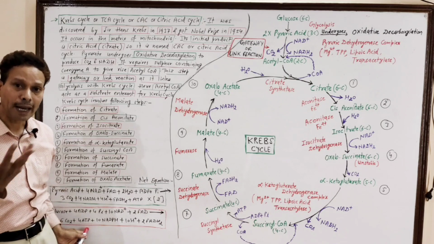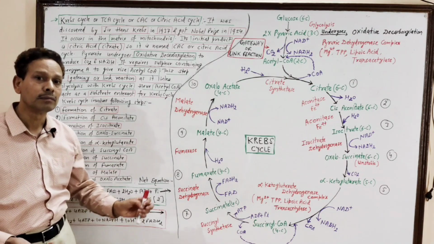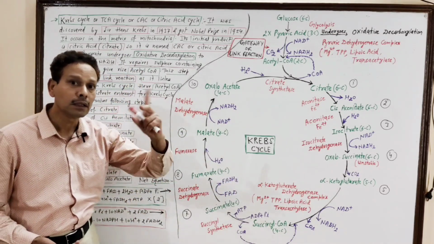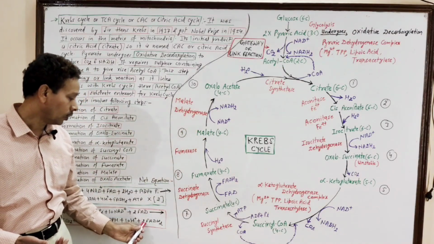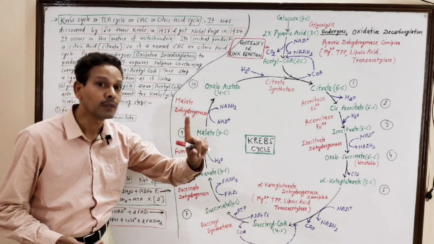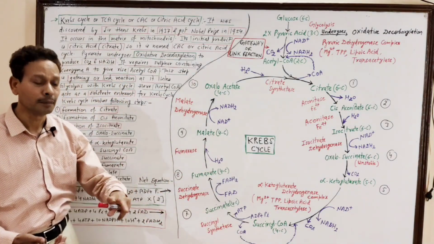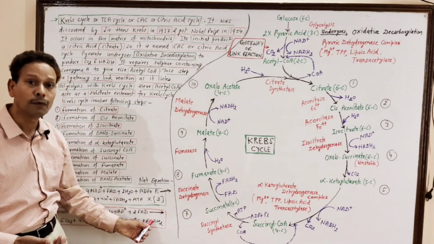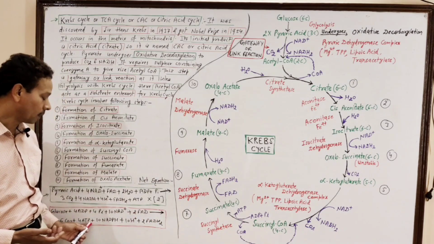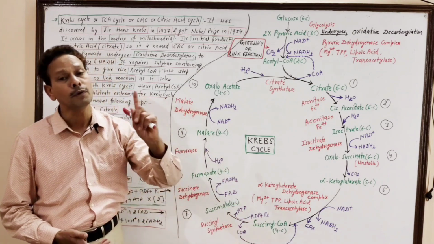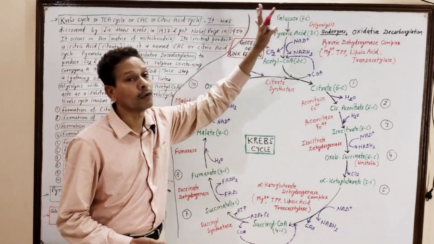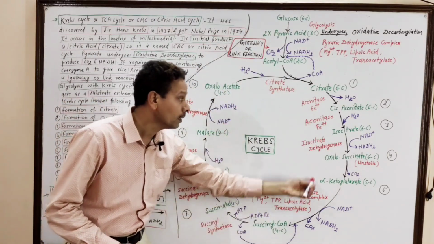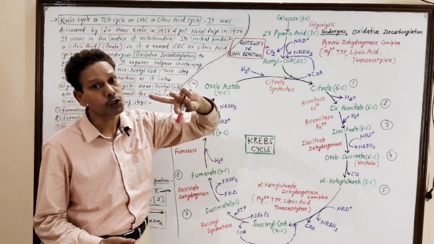4 ATP molecules direct, 10 NADH, 1 NADH produces 3 ATP, 10 means 30 ATP, and 2 FADH2. 1 FADH2 produces 2 ATP, 2 into 2, 4. 30 plus 4, 34 and 4 direct, 38 ATP molecules from this entire breakdown of 1 glucose molecule. 8 ATP from glycolysis and 15 ATP from 1 Krebs cycle as 2 Krebs cycles operate.